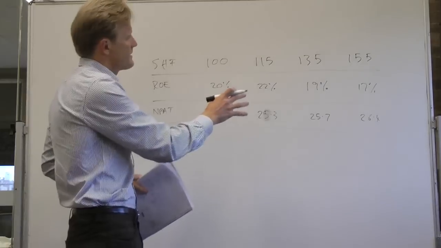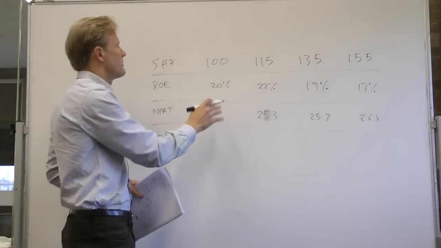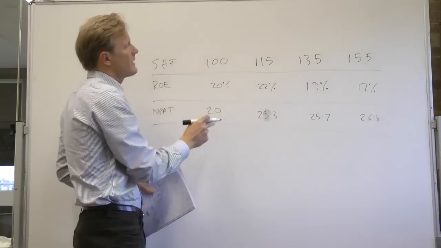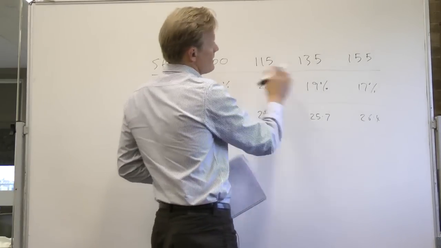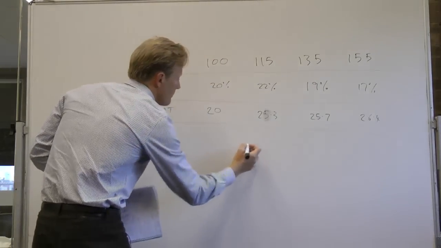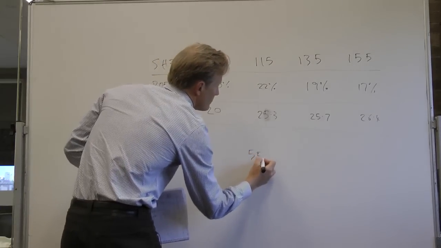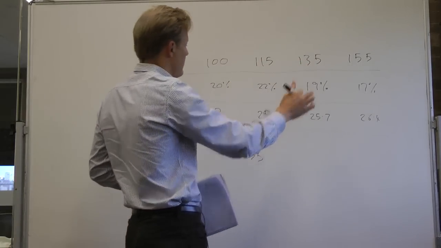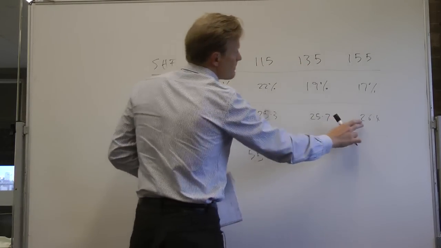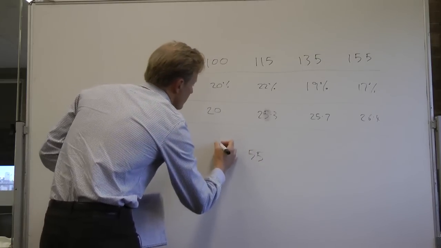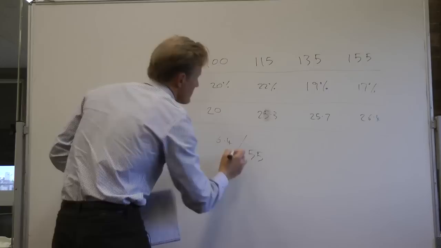And in this case, if we wanted to look at the incremental performance between this year and that year, what we would see is that there's been an incremental $55 million of equity deployed in the business, and there's been an incremental $6.4 million of NPAT earned.